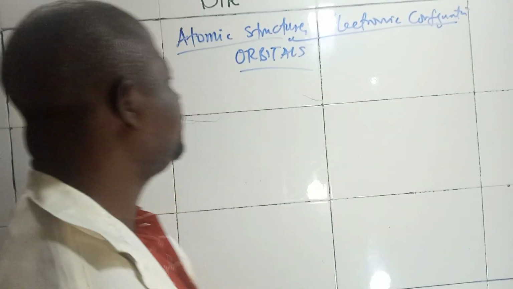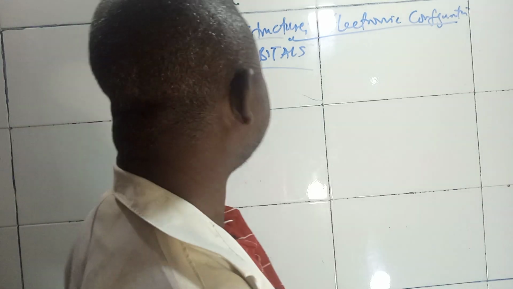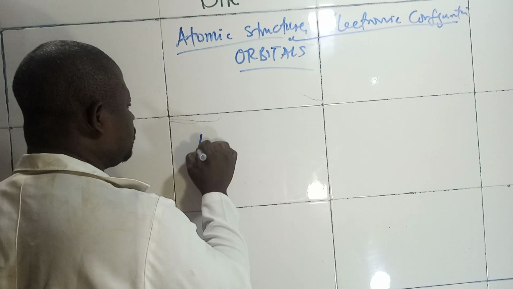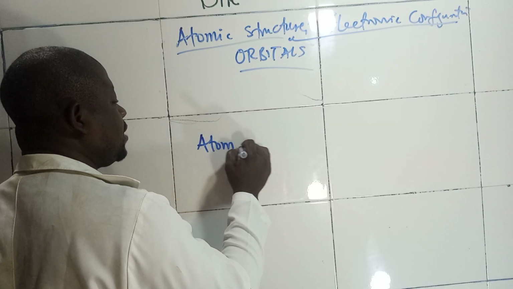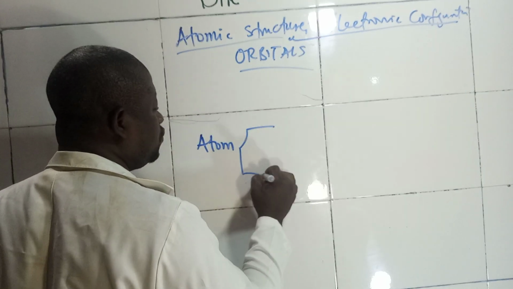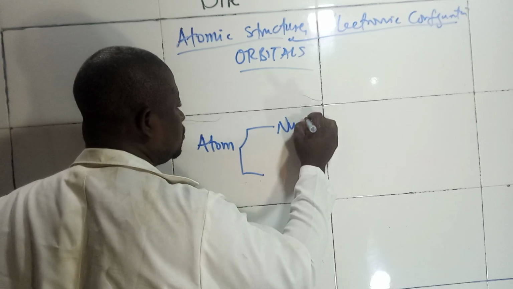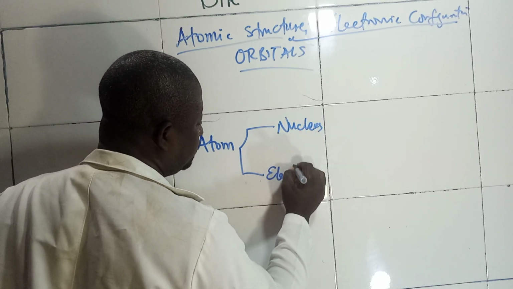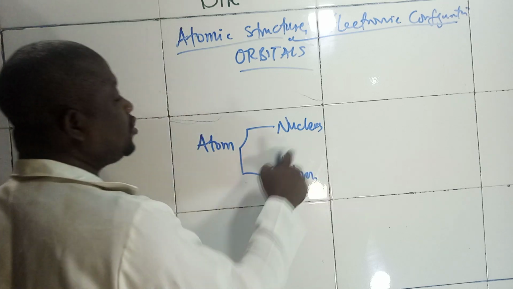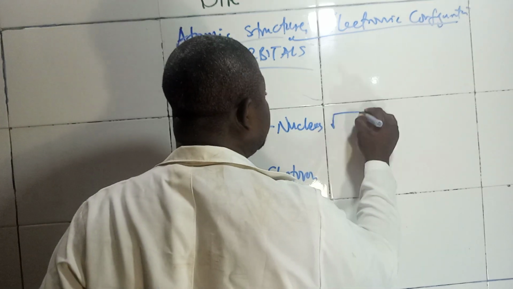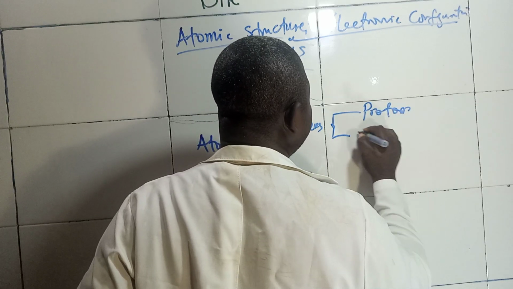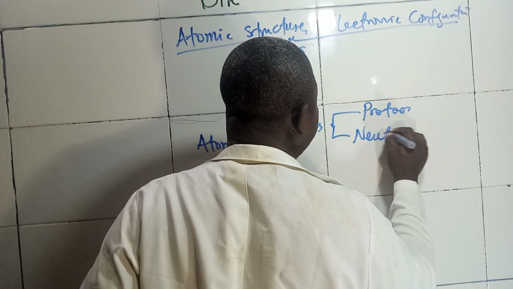I say the atom can be divided into two. We have your nucleus and you have your electron. The nucleus can further be divided into two to give you your proton and your neutron.